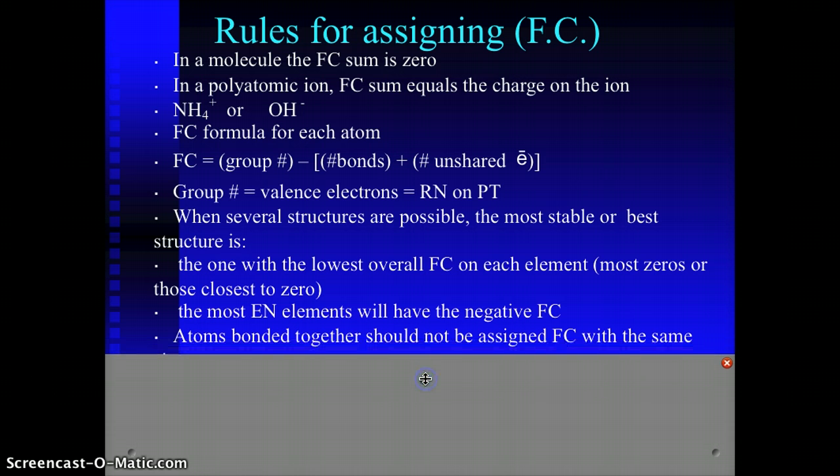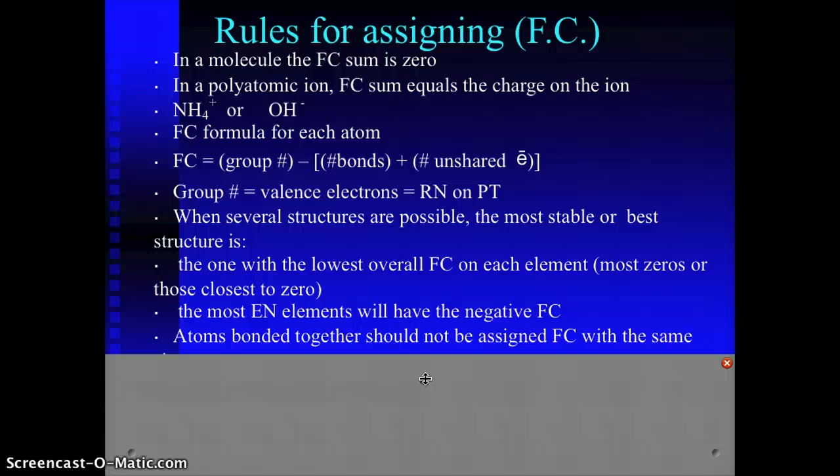The most electronegative element should have a negative formal charge. This is an important one. So oftentimes you're going to encounter a couple of structures that seem similar. They seem to work out fine, and you have a hard time deciding. This is one of the key ones that's going to help you pick it out. You're going to have to use your electronegativities.